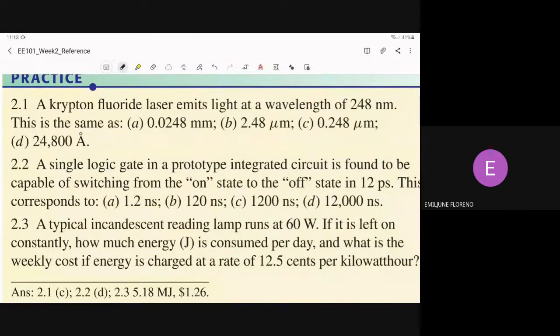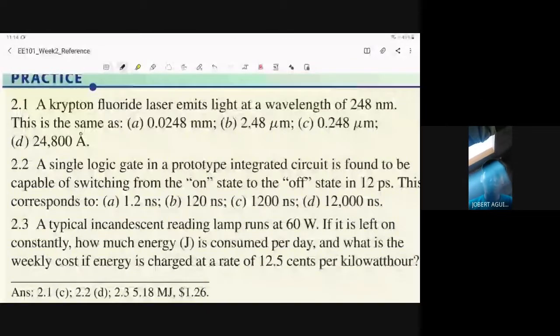So dapat dako atong power nga i-transmit from one place to another para ma-utilize siya sa tibuok community. So that's the difference. Though the same parameter, like you will be dealing with voltage, with current, with power, but then again, the amount of the quantity, how large it is very different.